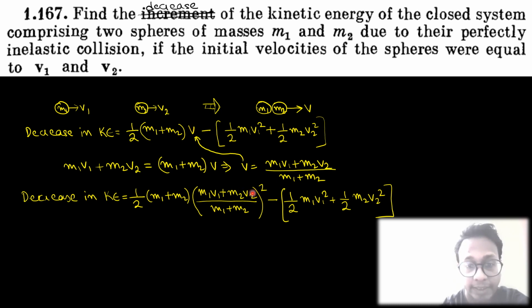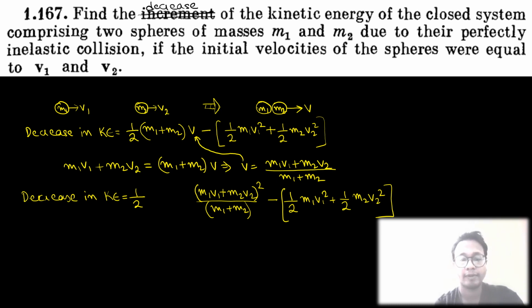This entire thing is nothing but the v here. Now what can I do? This whole square can be written as this square divided by the whole square, isn't it? Now this m1 plus m2 and this square would get cancelled. So I'm cancelling out this one. So our main parameter would be half this value.